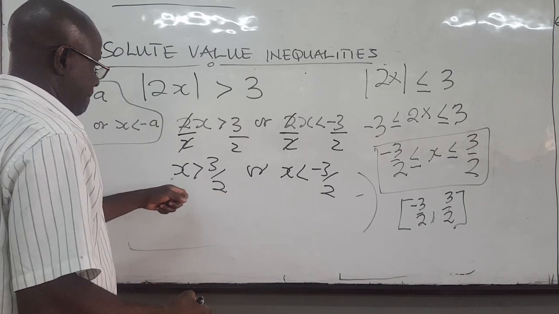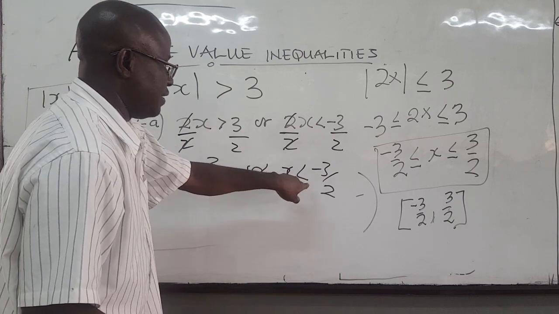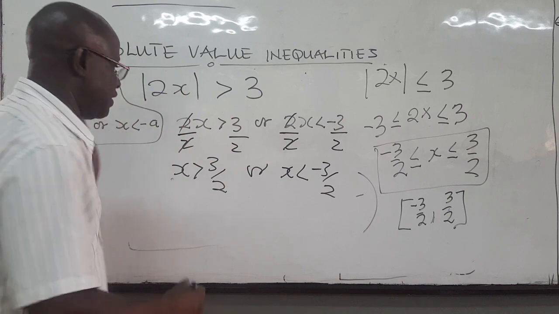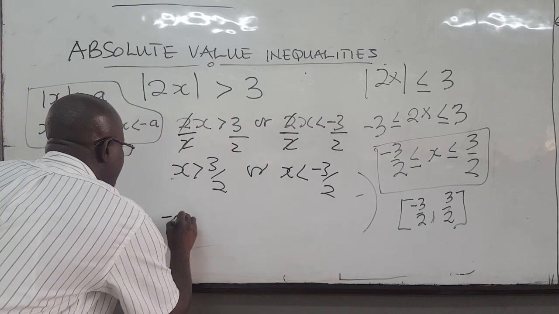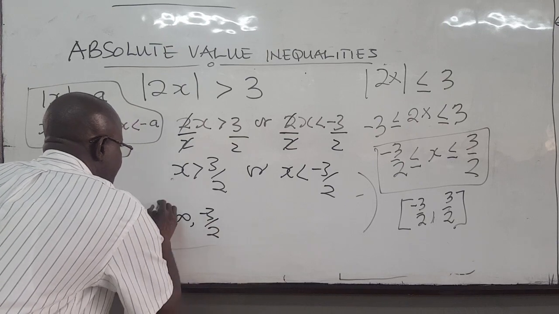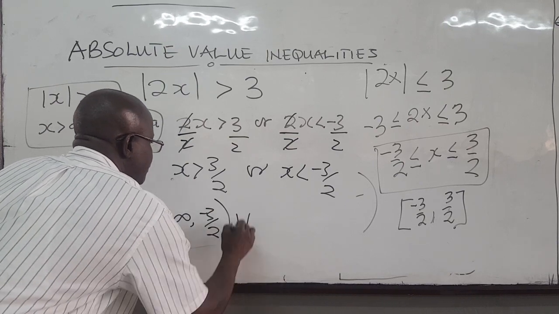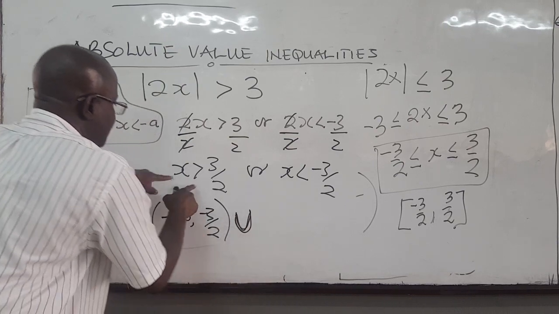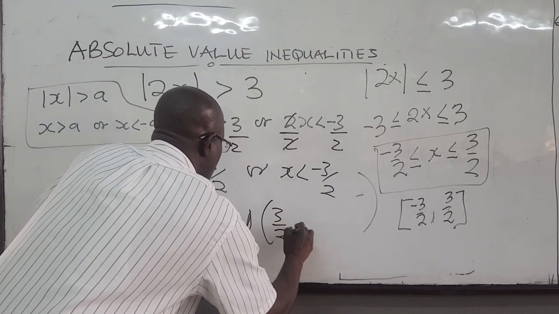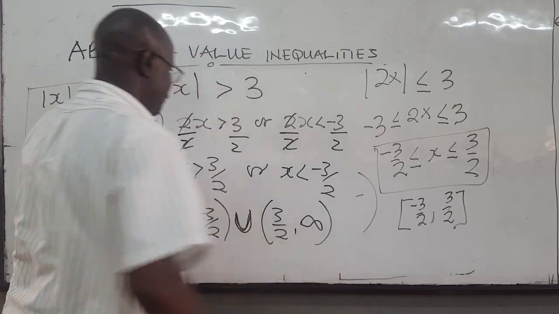Note that x is less than negative 3 over 2 means from negative infinity all the way to negative 3 over 2, union from 3 over 2 all the way to infinity.